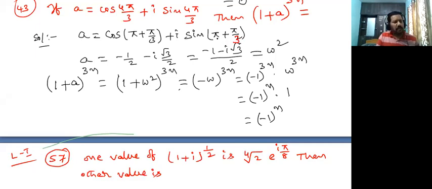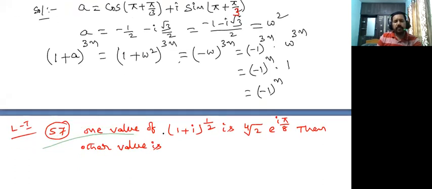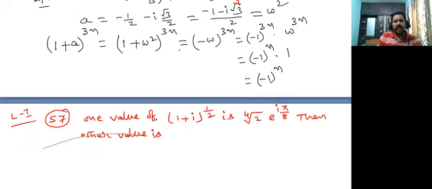Okay, now see the 57th question. This is, I think, a previous mains question. How to solve this? First, take 1 plus i and convert it into polar form, so multiply and divide with root 2.